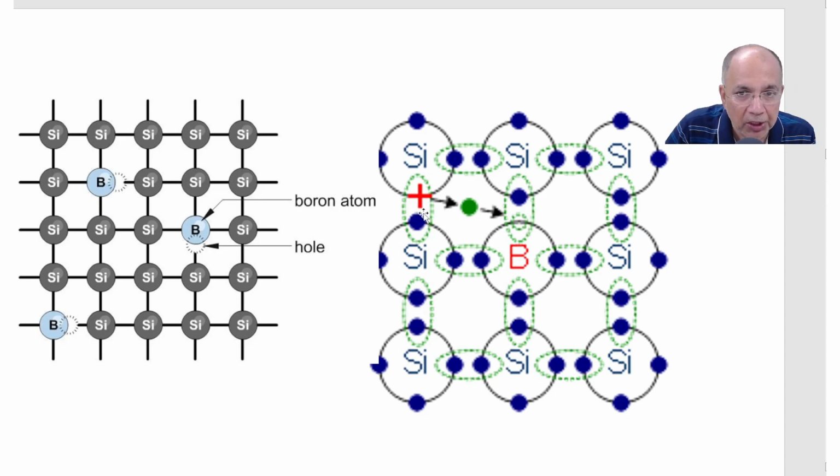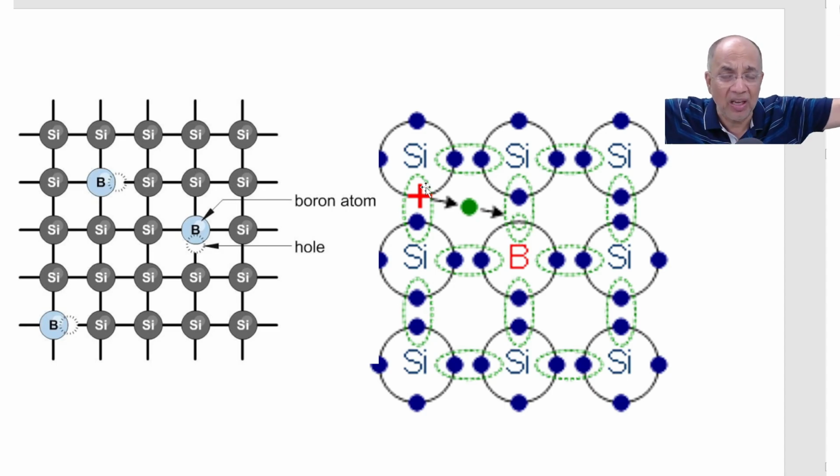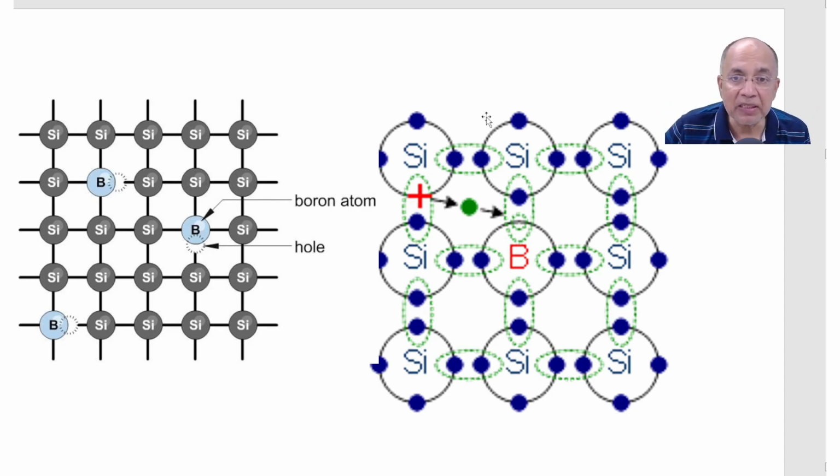Now see what happens. A neighboring bond pair loses 1 electron so that the hole is occupied, and a new hole is created. Once you apply a potential difference across this P-type semiconductor, the electron from a normal covalent bond slips to the adjacent hole and a new hole is created, and another electron from an adjacent bond slips and occupies the position of the hole, and a new hole is created on the left.